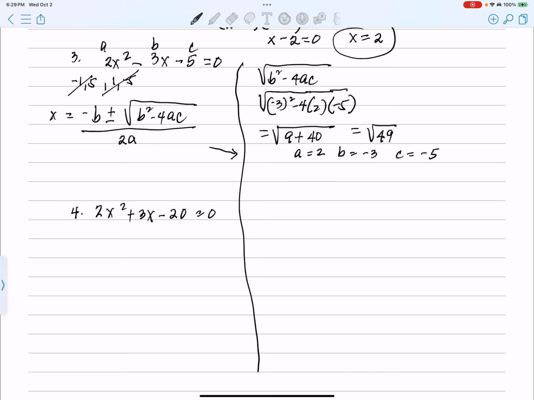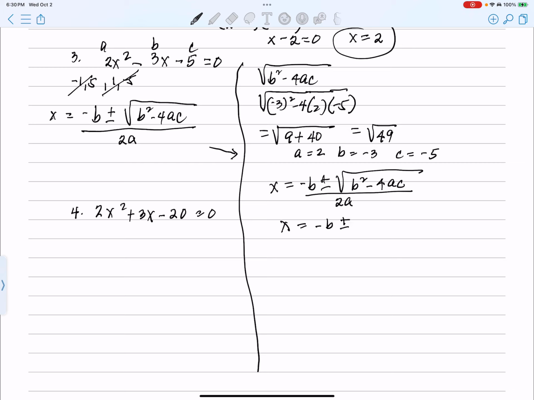Okay. So the formula is x equals negative b plus and minus the square root of b squared minus 4ac, over 2a. So x is negative b plus and minus.